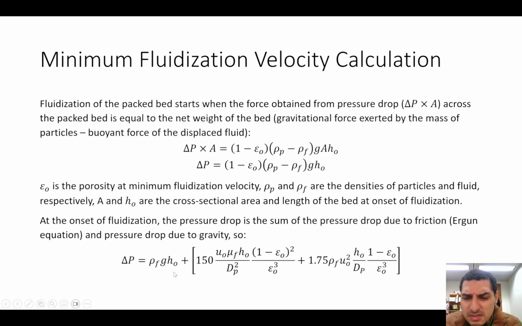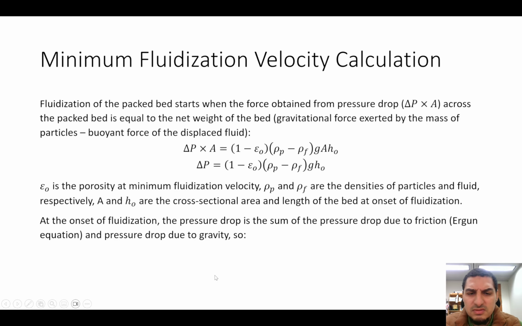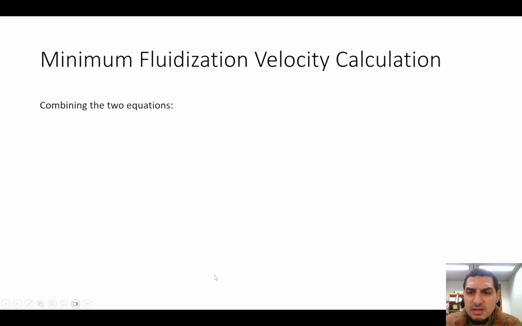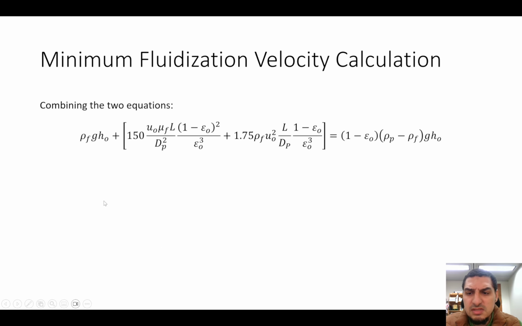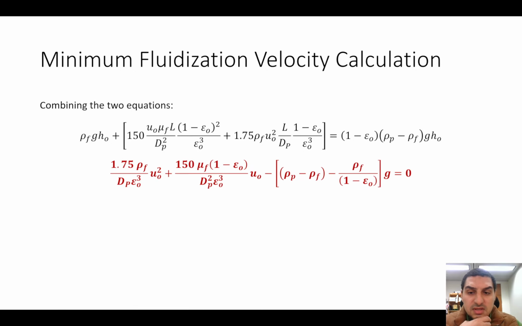And usually this term is not a significant term compared to the rest, but we'll see. Anyway, when we combine the two equations, this is the delta P, and this is the right hand side, which is the gravitational force minus the buoyant force. So we can rearrange the equation and put the constants together. We have the u square here, we have u node here, and we have the rest of the constants here.